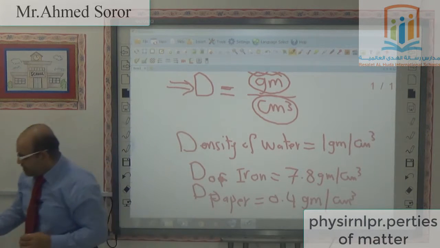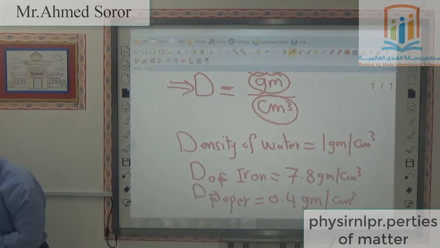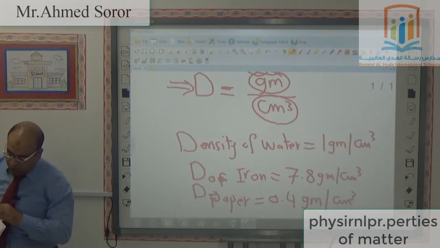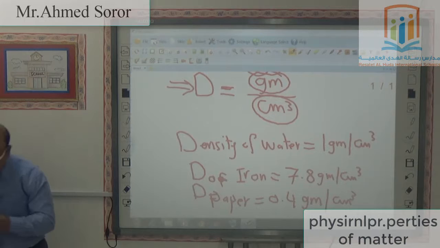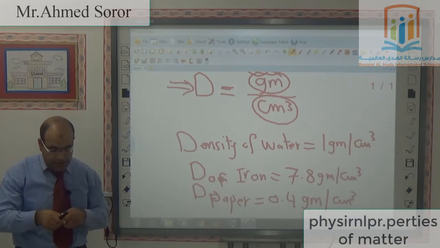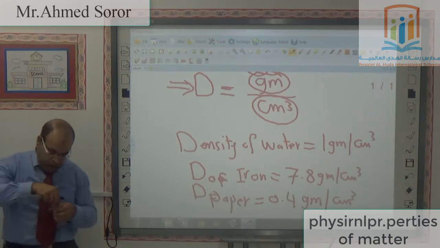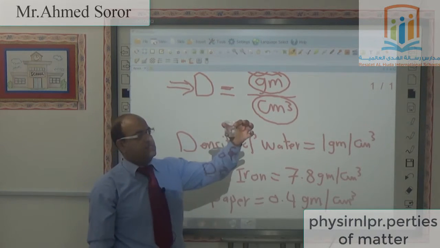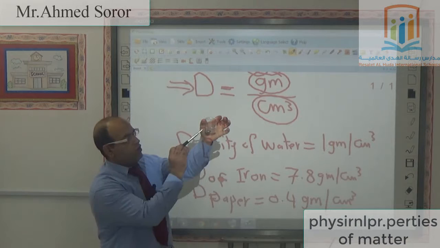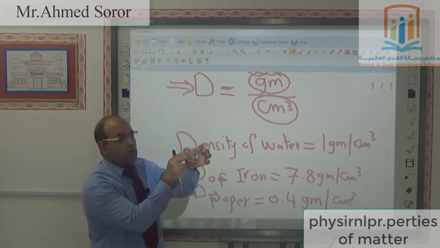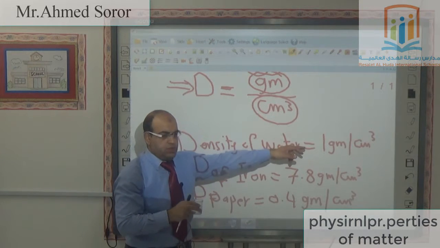But when you bring a piece of paper and put it in the beaker that contains an amount of water, you can see the paper floats on the water surface. The paper floats on the water surface because its density is lower than the density of water.